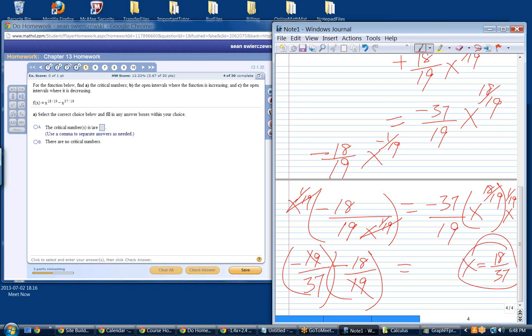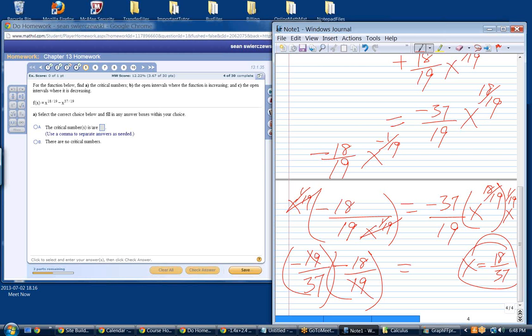Now, there's actually another critical point besides 18/37ths, and that is x equals 0. Because on this original left side of the equation, notice that I had x in the denominator.